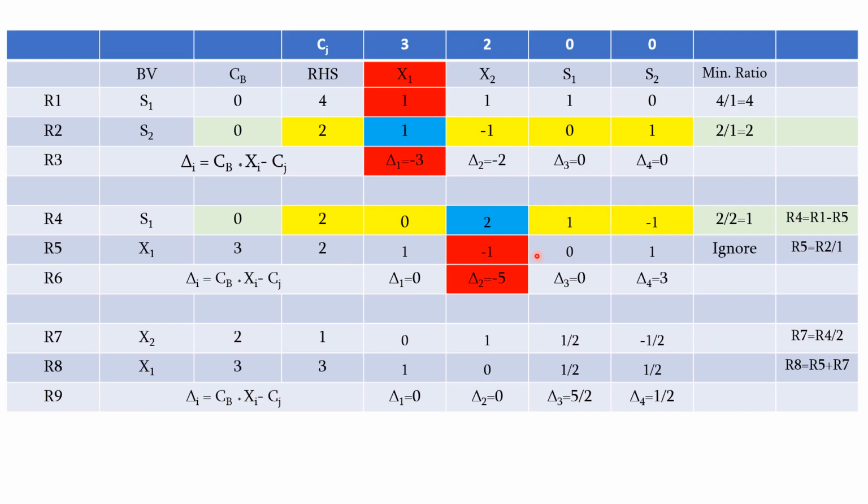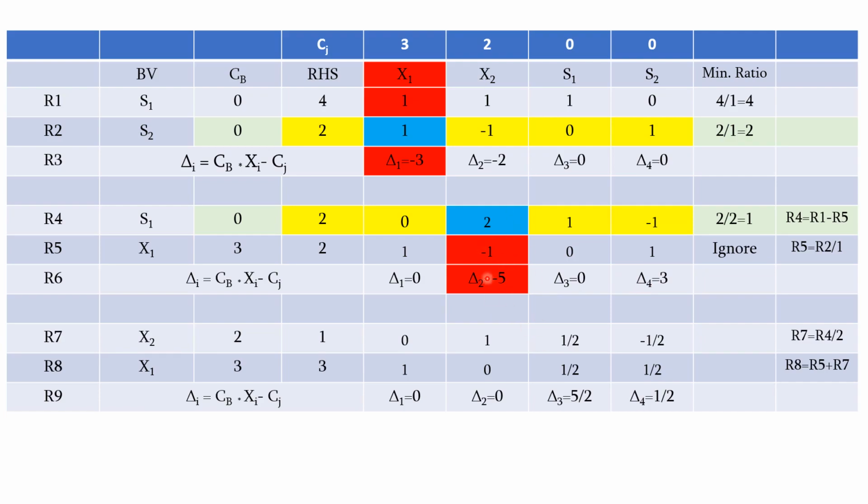Now what you have to do next is, in the second step, find the pivotal column and pivotal row. Whichever among delta 1, delta 2, delta 3, delta 4 is minimum, delta 2 is the minimum. So this column is the pivotal column.